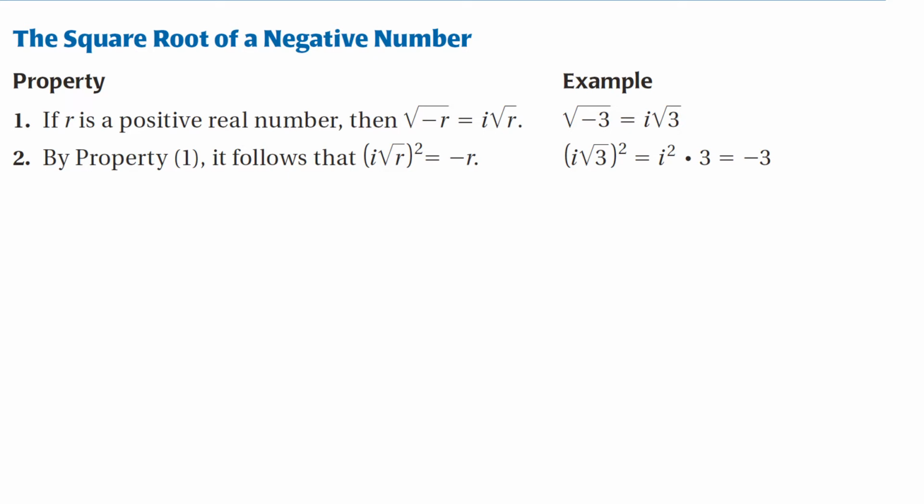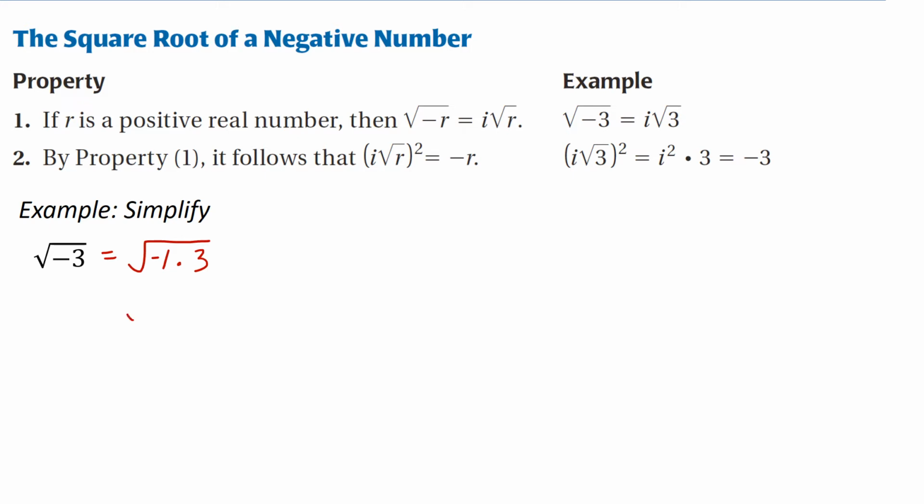Okay, let's simplify some radicals when there's a negative underneath. So the square root of negative 3. All right, I would break that down as the square root of negative 1 times 3. Now in the future, you may not need to do all these steps, but I want to show you where everything comes from.